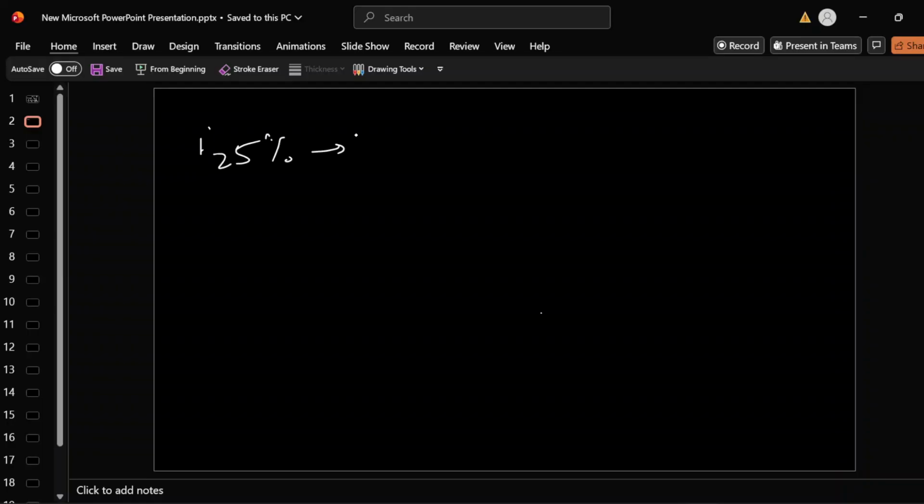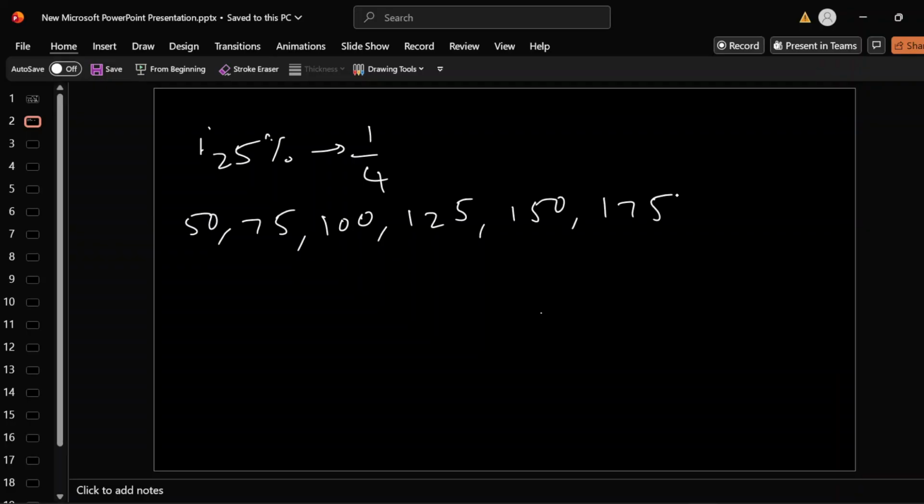25% means 1 by 4. And if you write multiples of 25, multiples of 25 are 50, 75, 100, 125, 150, 175, 200, and so on.